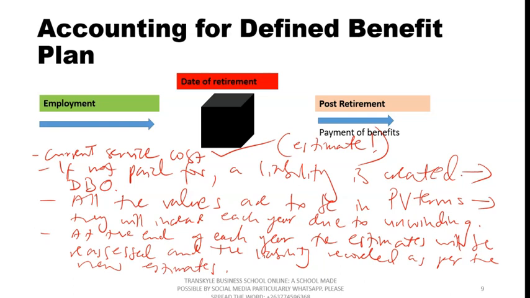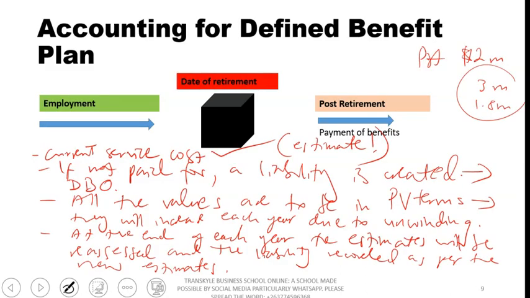For example, the plan asset could be 2 million at the start of the year, but at the end of the year it might be 3 million or 1.8 million. That's what we mean. So we'll be adopting the new values which have been assessed. But this fluctuation has to be accounted for. There could be either a gain or a loss.